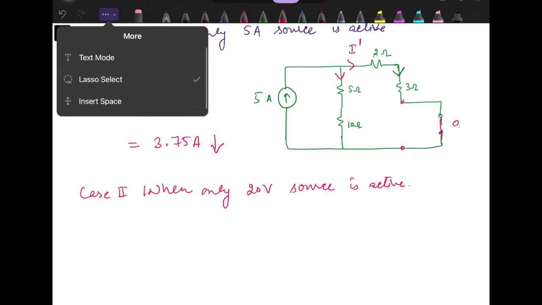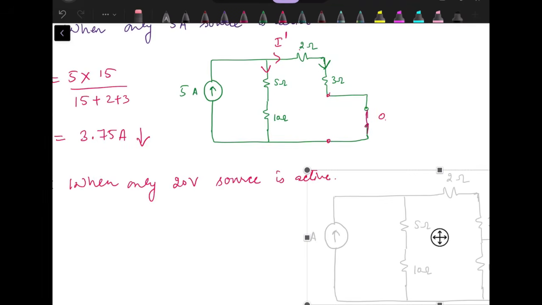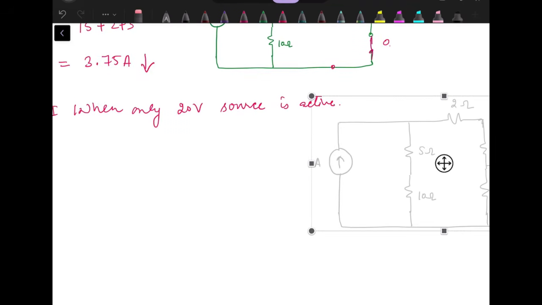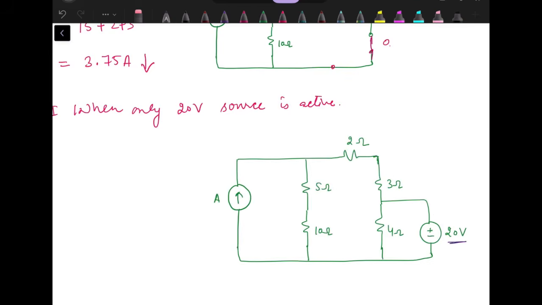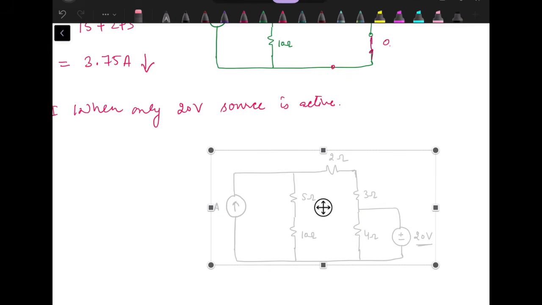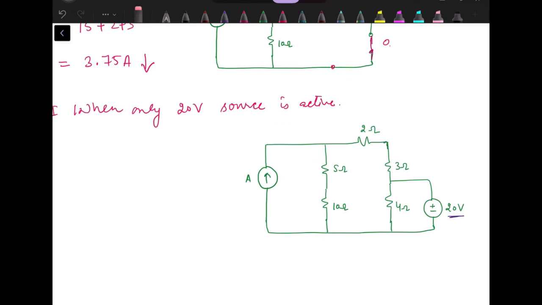When only the 20-volt source is active, then the current source has to be replaced by its internal resistance. The independent current source is replaced by an open circuit. So let's replace it by an open circuit.